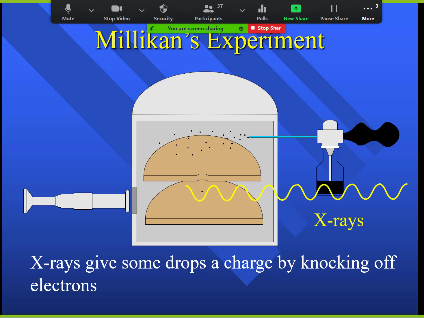So I've got oil drops falling straight down, getting hit with X-rays, so the electrons get knocked off. So what am I going to be left with if I knock the electrons off of an oil drop?